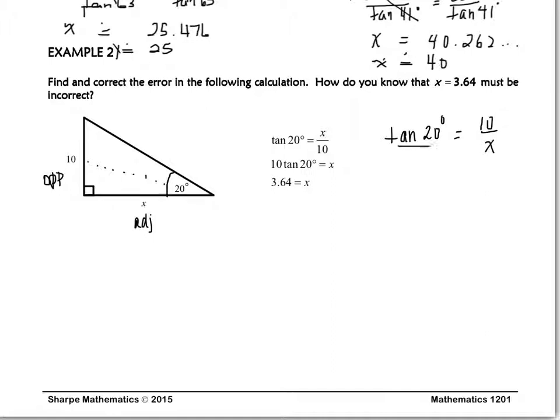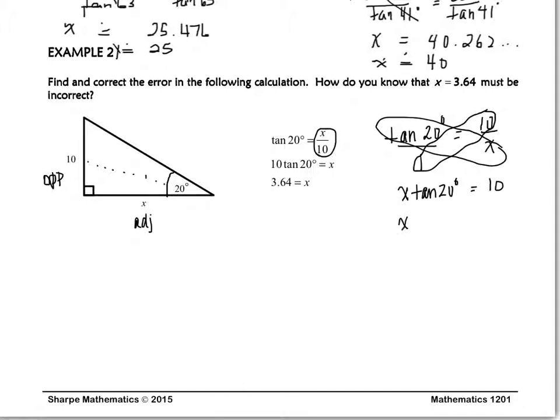So this one here would be solving kind of like the ones we just did last. When you cross multiply, you would not get what they have here because this is incorrect. You would have x times tan 20 is 10. And then you can isolate the x by dividing both sides by tan of 20.